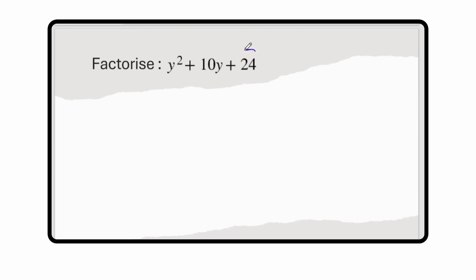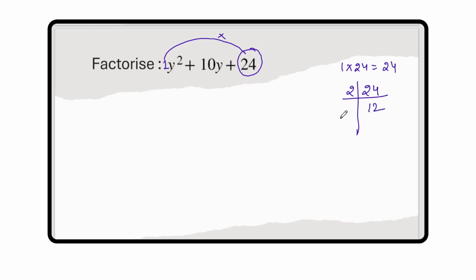So here our constant is 24 and the coefficient is 1. So multiply 24 into 1, that is 24. Now, you are going to factorize 24 in such a way that you get 10y as addition and 24 as multiplication. Now, if I divide it by 2, then it is 12.